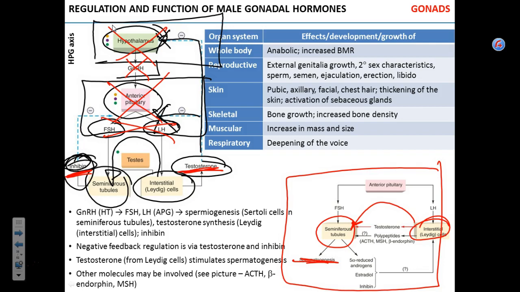What I want you to know: testosterone is needed for spermatogenesis. All those other, it's fun, but let's not spend too much time on it. Question? We good?